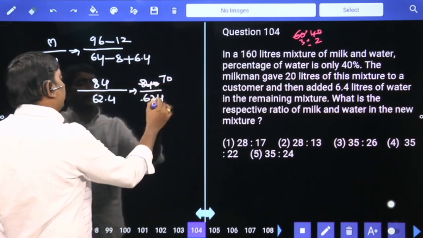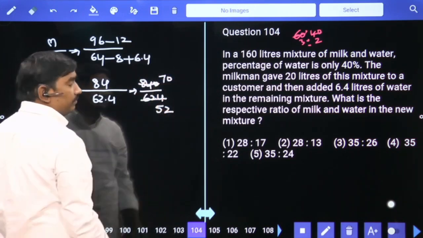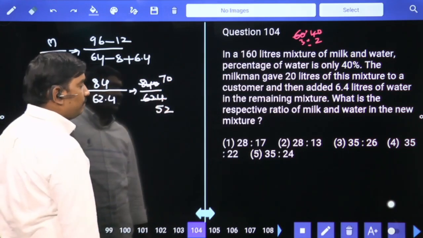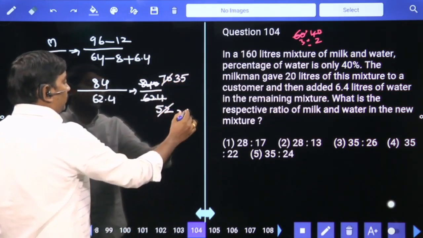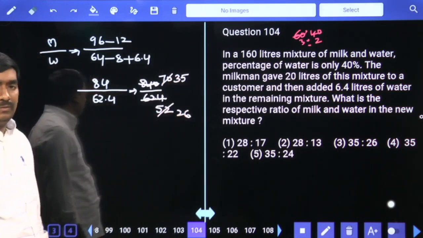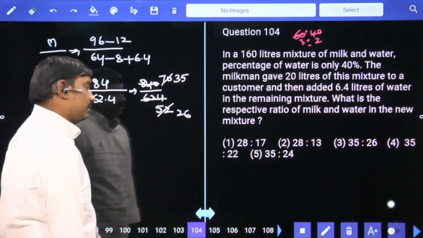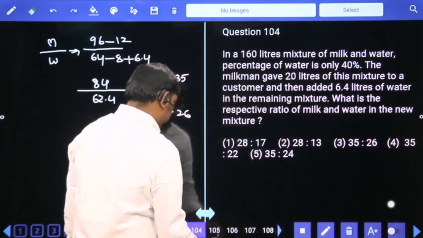Simplifying, the new ratio is 35 is to 26. Third option is your answer.